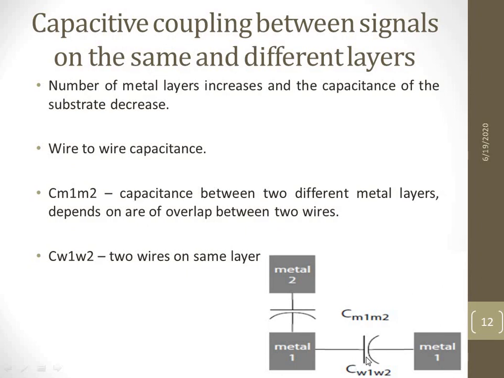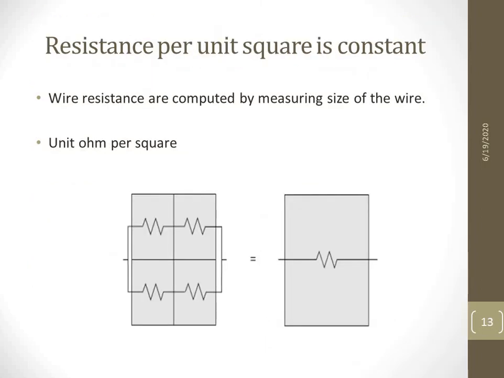You can see here the capacitance between the two wires on the same layer, for both in metal 1. But between metal 1 and metal 2, this is CM1M2, the capacitance between the two metal lines. This is one wire and this is another wire. So these capacitances will lead to capacitive coupling between signals on the same and different layers.